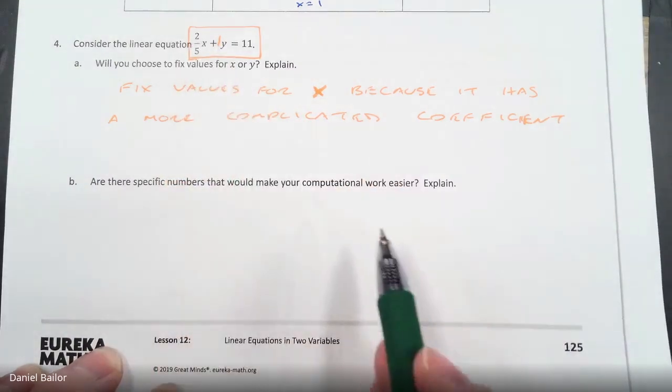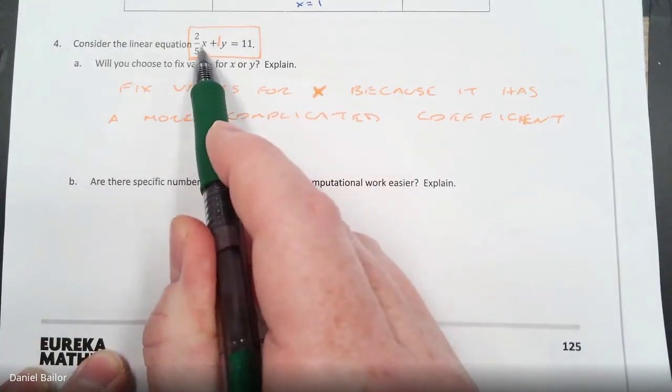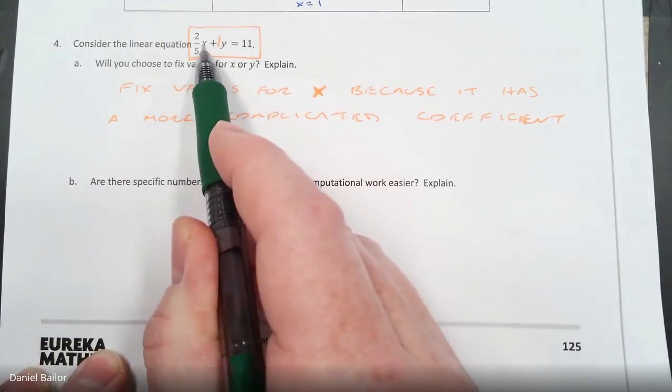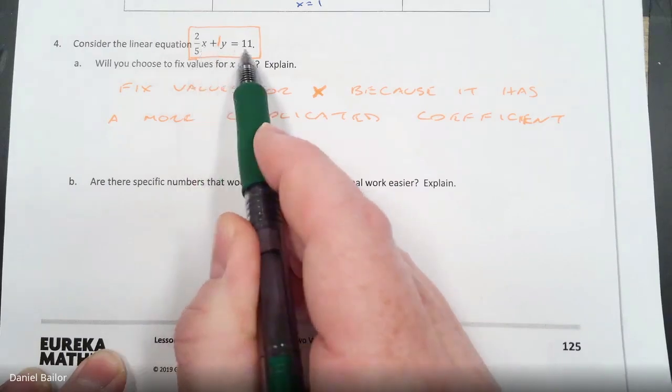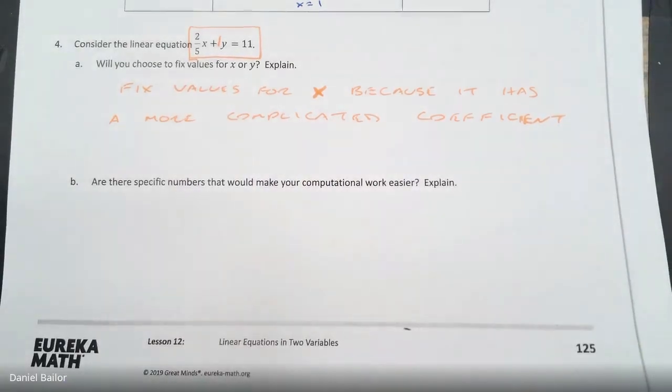So I like 0, but what happens if I pick 1? If I pick 1, I have to do 2/5 times 1. Then I have to use the subtraction property of equality and do 11 minus 2/5. That's going to be annoying because I have to do subtracting fractions.